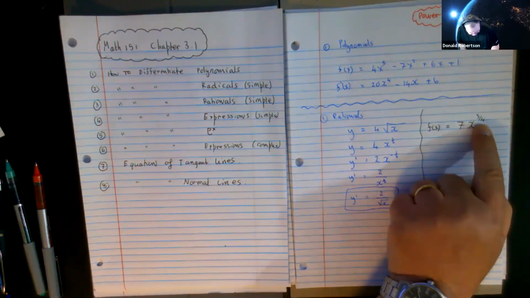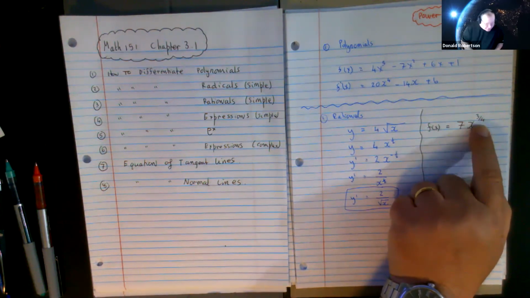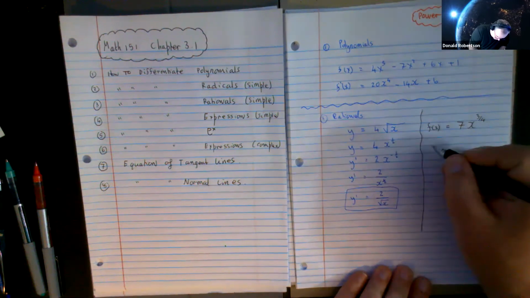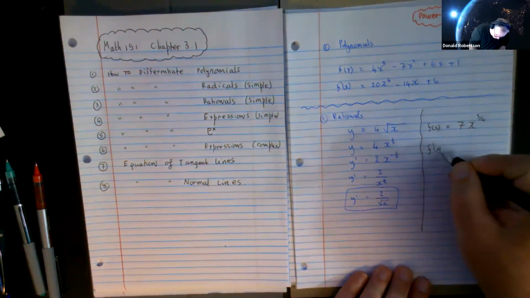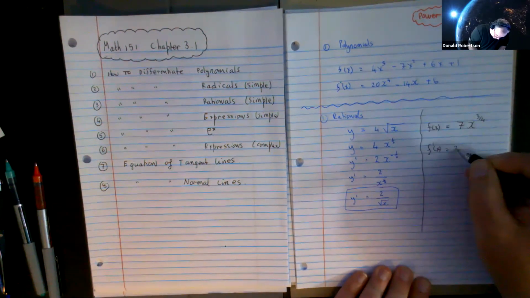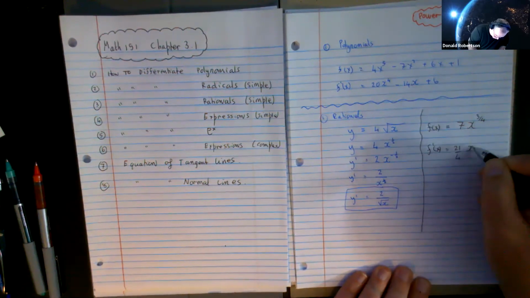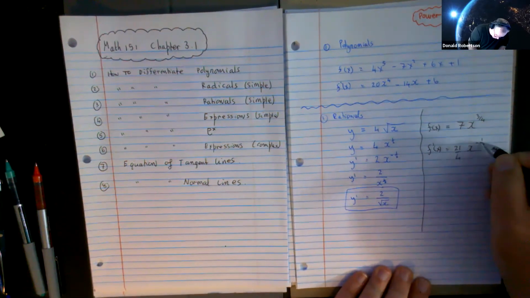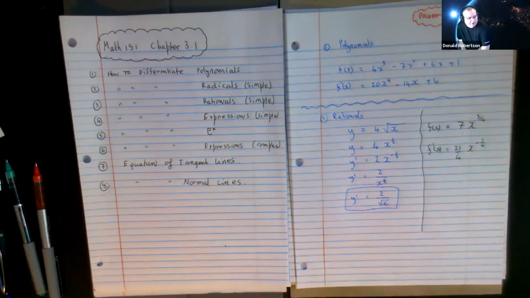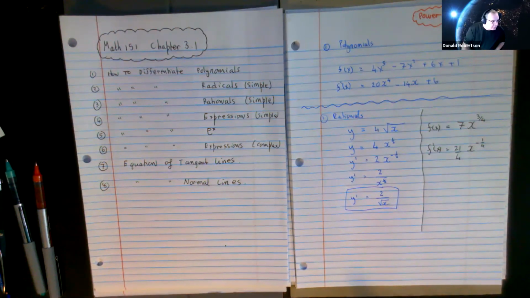It is already actually written in the format that we like, because this version is easier to differentiate, because I can just immediately multiply by the power and then reduce the power by 1. Right? 3/4 take away 1 gets you -1/4.